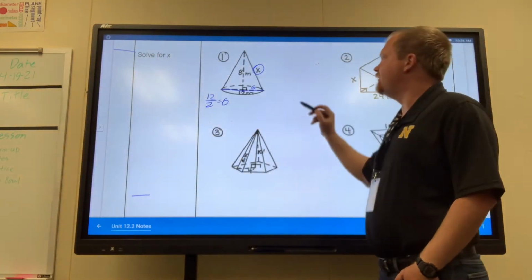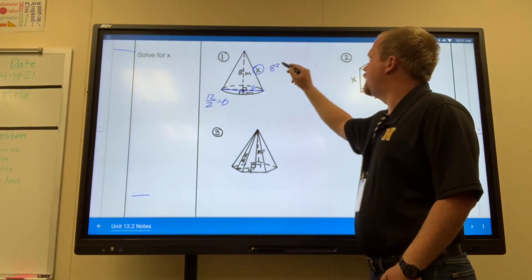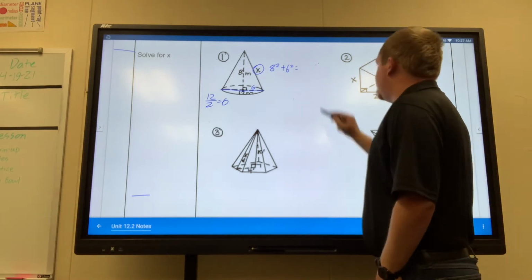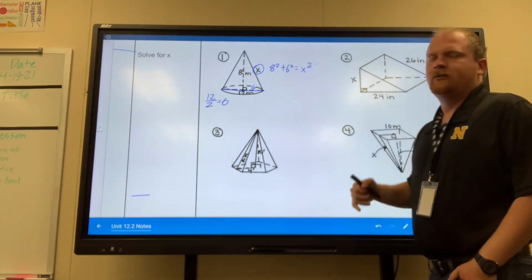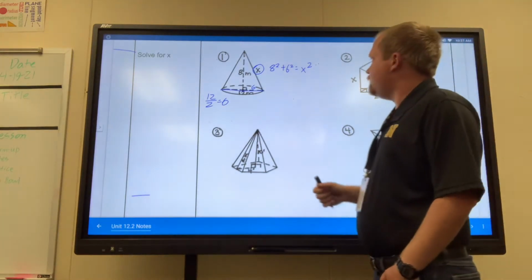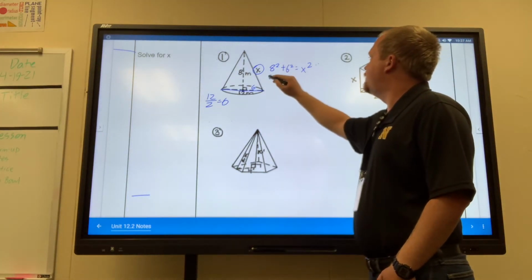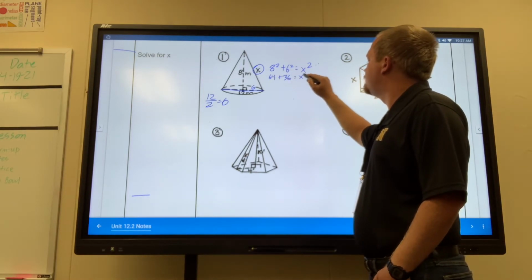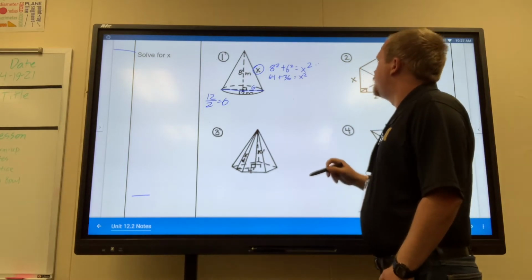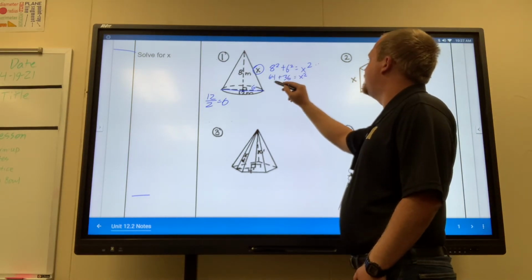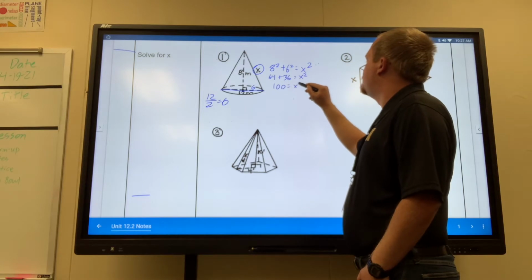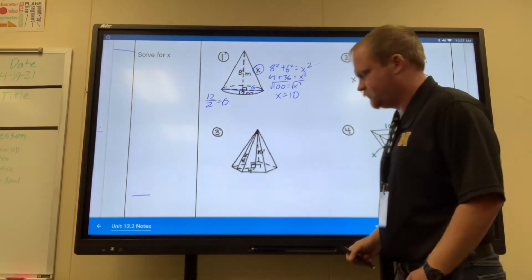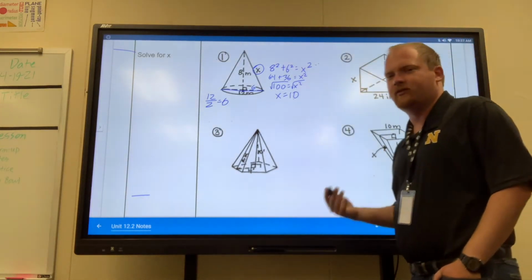Now, to find this, I do 8 squared plus 6 squared equals x squared. 8 squared gives me 64, 6 squared gives me 36. I add these two together, take the square root, and x is 10. So x is a length of 10.